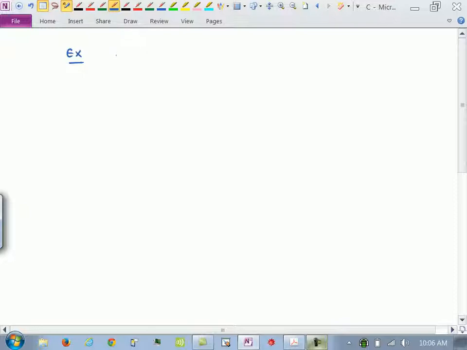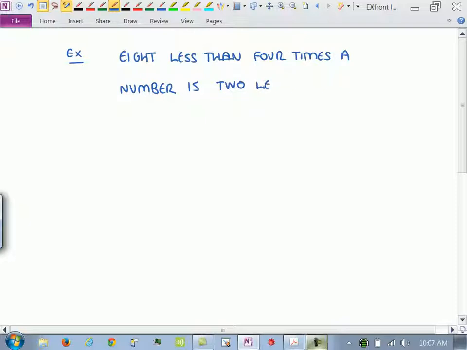How about: 8 less than 4 times a number is 2 less than twice the number. Find the number.